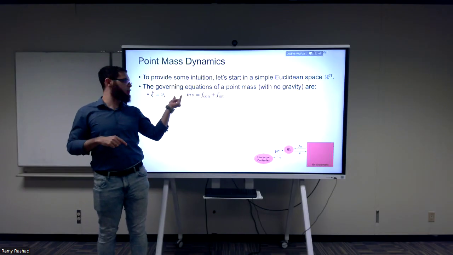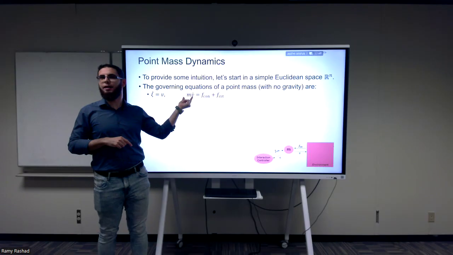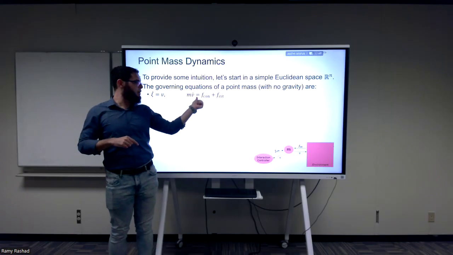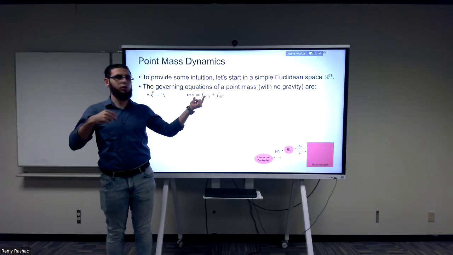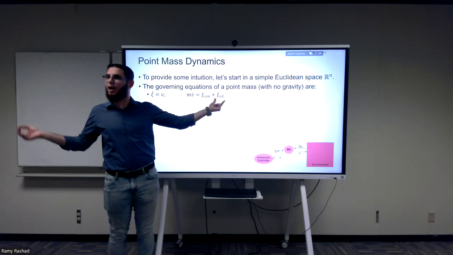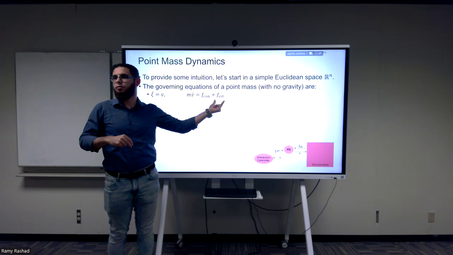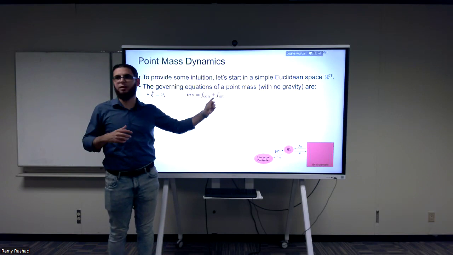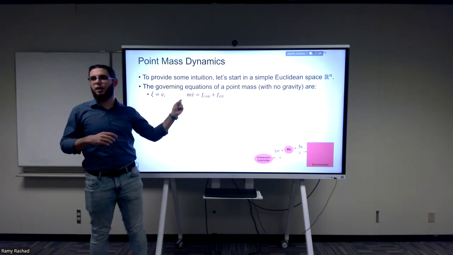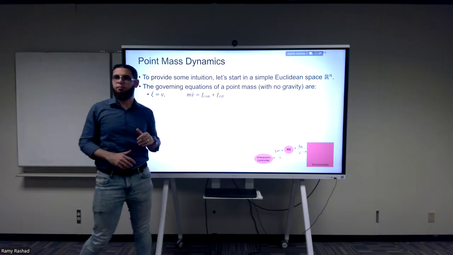So if I multiply here by V transpose, I get the rate of change of kinetic energy. If I multiply here by V transpose, I get the power that comes from the controller, and here by V transpose, I get the power that comes from the environment. So you see? V transpose multiplied by this guy is power, V transpose multiplied by that guy is power, and V transpose multiplied by this guy is the rate of change of kinetic energy. Okay?